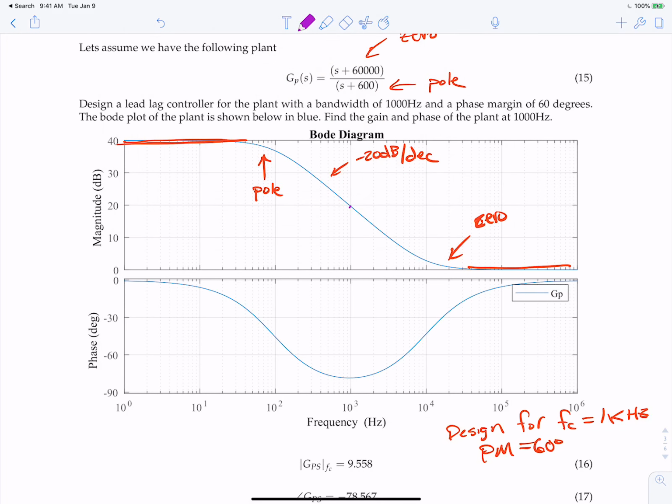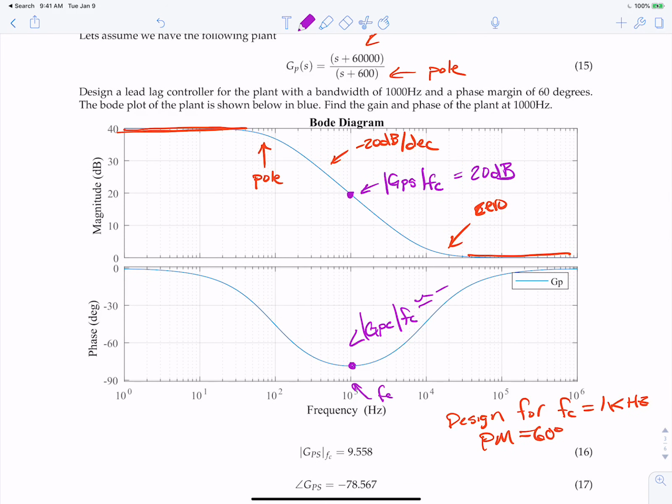This is the gain of the transfer function, Gp(s) at fc. In this case, it's about 20 dB, just by inspection. And here is the phase of Gp(s) at fc, the desired bandwidth. Let's approximate this to be minus 78.